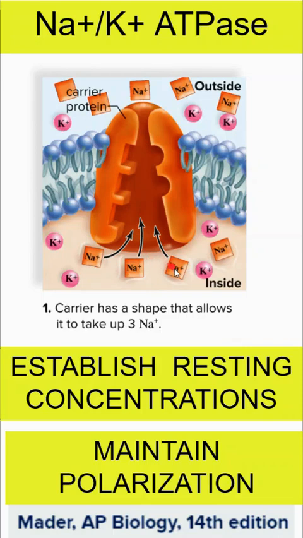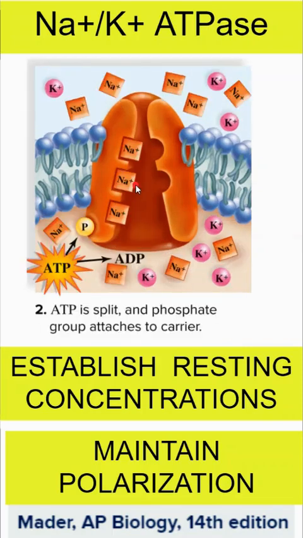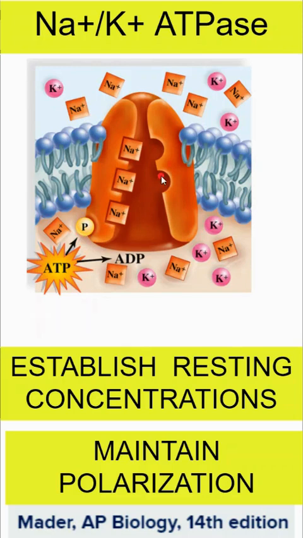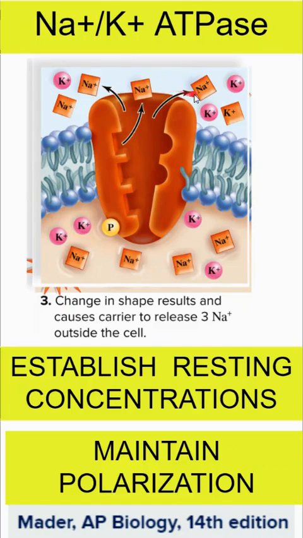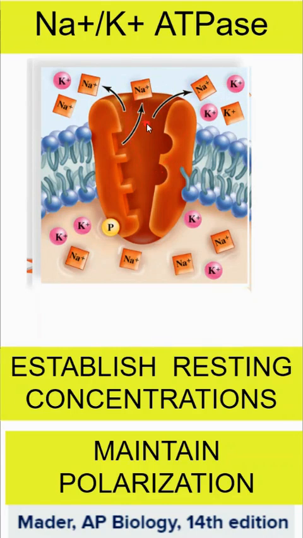The sodium ions will bind here, and when they bind on, in order to get them to the other side, ATP is broken down to ADP, and that third phosphate is bound onto the carrier protein. When you chemically change this location, it changes the shape of the protein, which then sends the sodium ions to the other side. When it's on the other side, now it is receptive to the potassium ions.